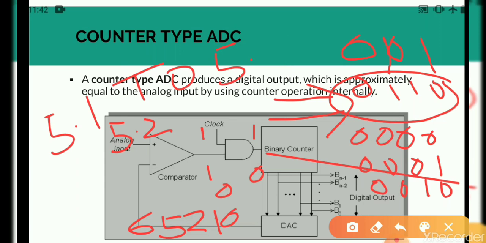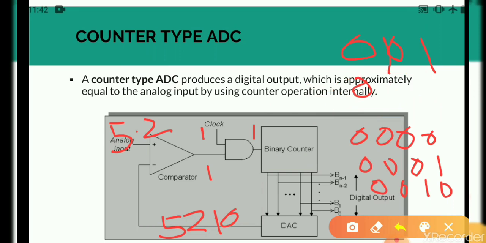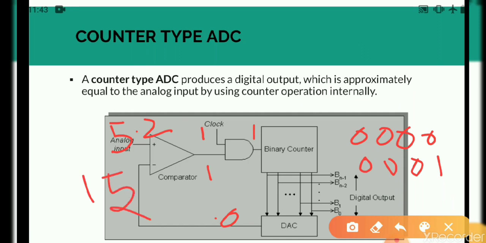This is the working of the counter type ADC, in which the analog signal is converted into digital form. Suppose the analog input was 15. We have earlier seen that to convert 5.2 volt into digital form, we need 6 clocks, and to convert 15 by the same analogy, we need 15 clocks.